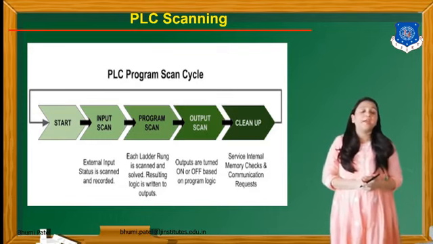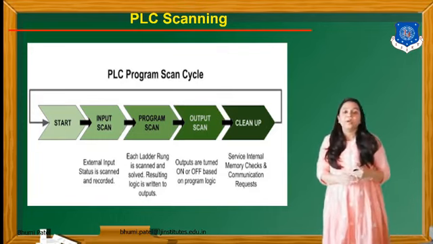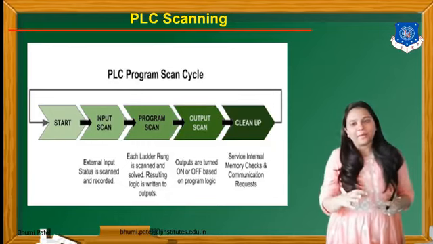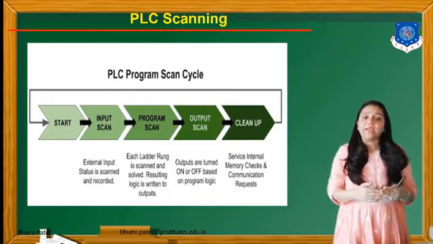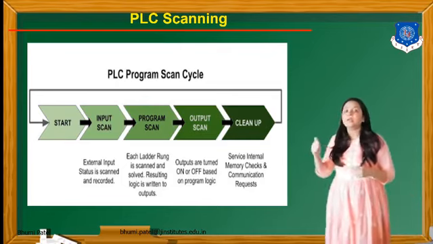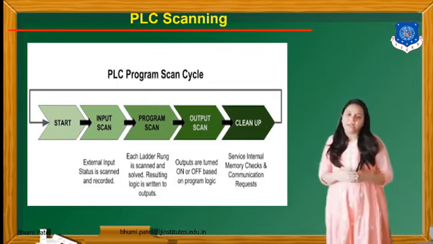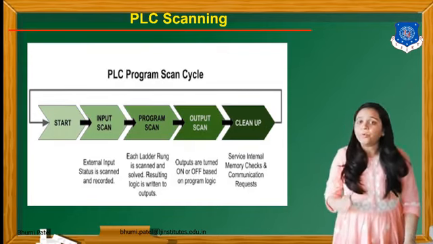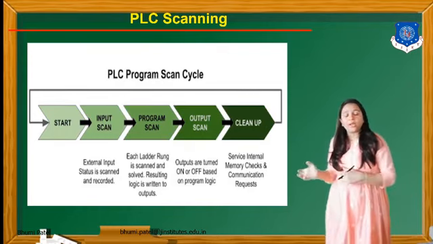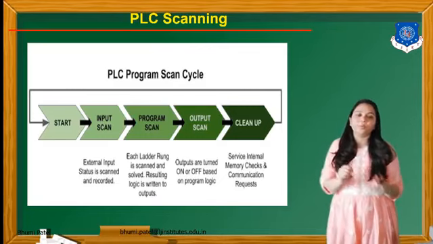So if we write the program for this system in 10 rungs, each rung will be scanned, and if any error is generated, it will show in the program scan screen. And in the output scan, outputs are turned on and off based on the program logic.